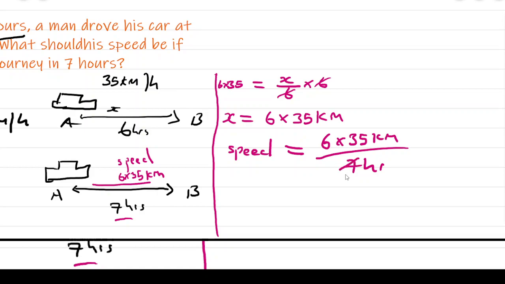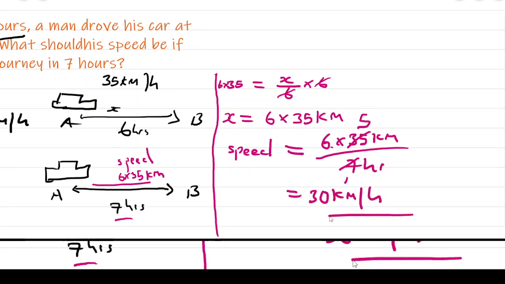Here we can see that 7 into 35 is 5. That is why I don't usually multiply completely, because I know I will cancel out somewhere if I don't use a calculator. So this is equal to 6 times 5, which is 30. So this is 30 kilometers per hour. You see that if he wants to do the distance in 7 hours, he has to run with a speed equal to 30 kilometers per hour.